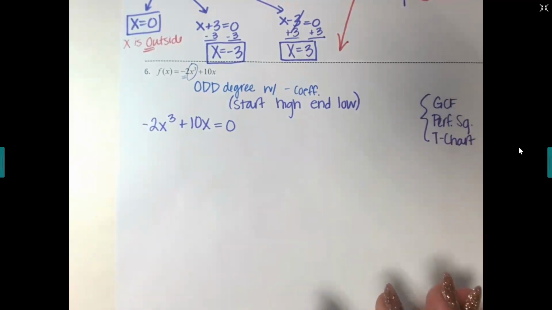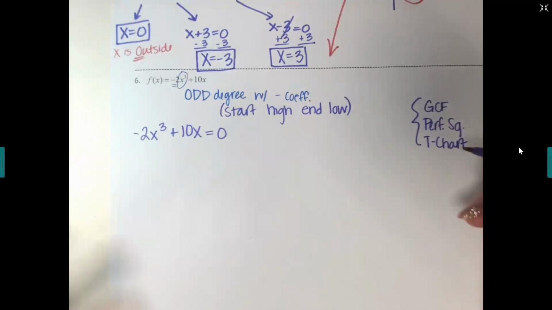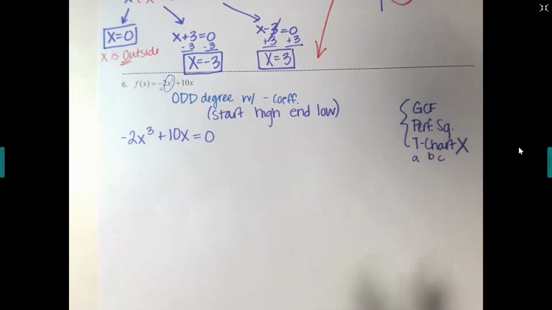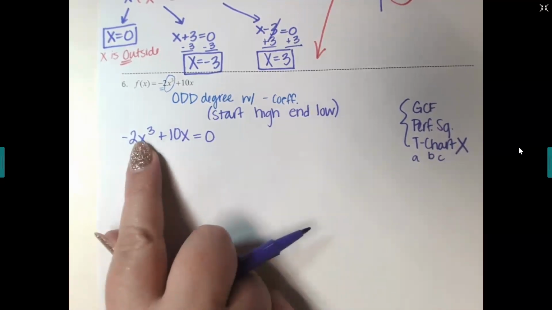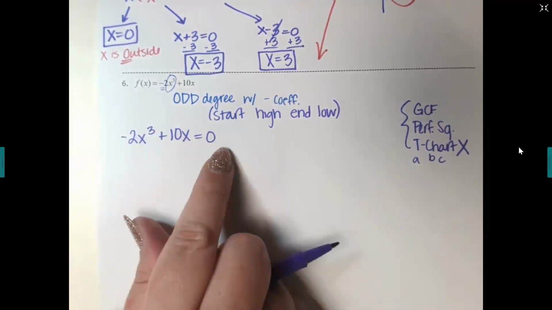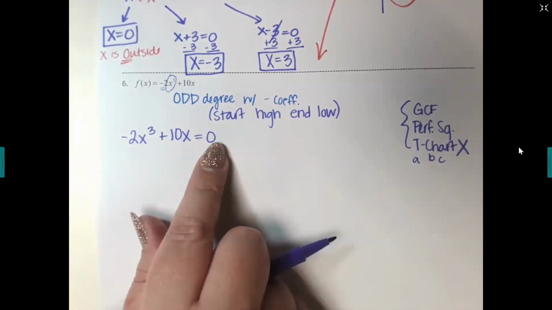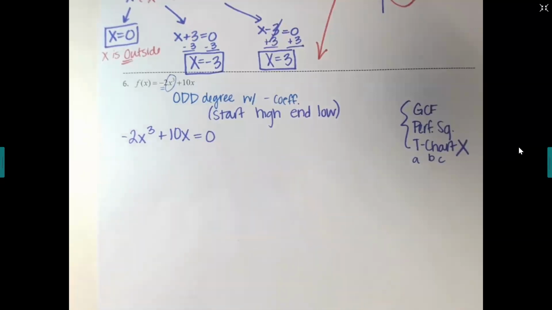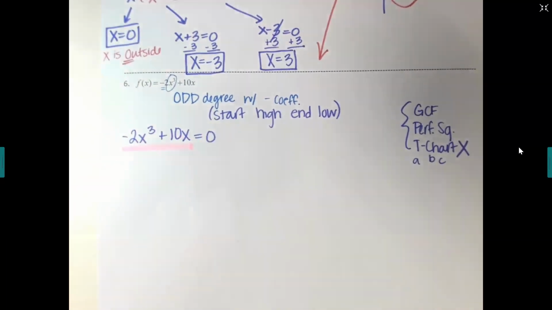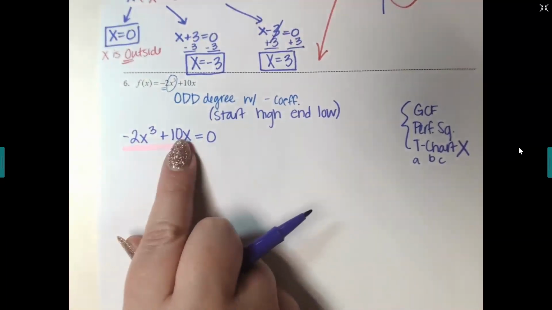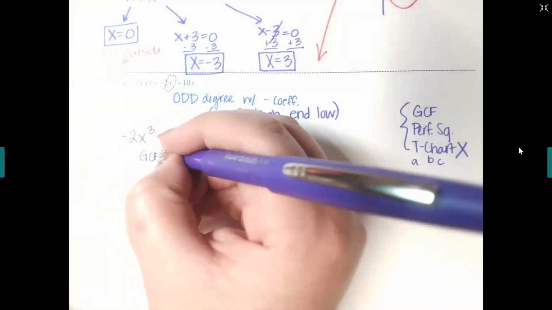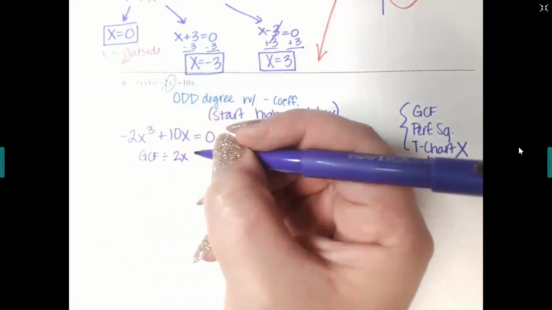If you're looking at that, you should know this cannot be a t-chart, because a t-chart requires an A, a B, and a C. So I automatically know t-chart is out, because I only have 2 terms. I don't have an extra number to have an A, a B, and a C. From there, we're looking for GCF. Hopefully you see that both of those terms can divide by x. And not only can they both divide by x, but 2 and 10 can also both divide by 2. So I'm going to put GCF divide by 2x.